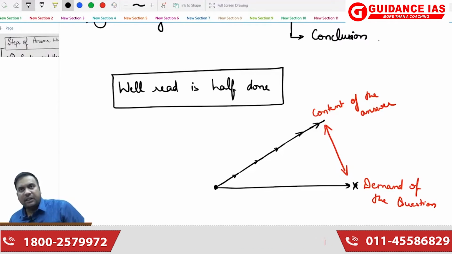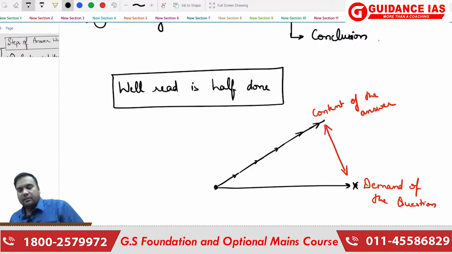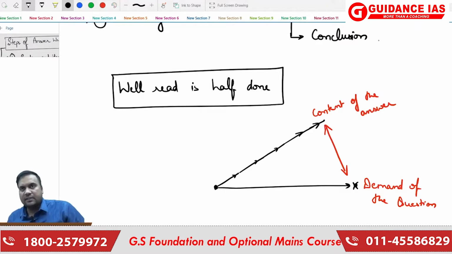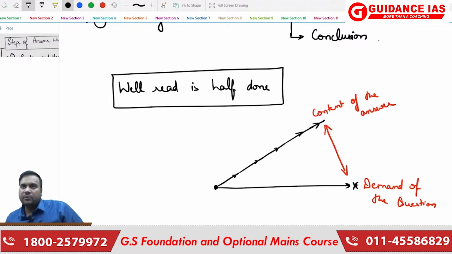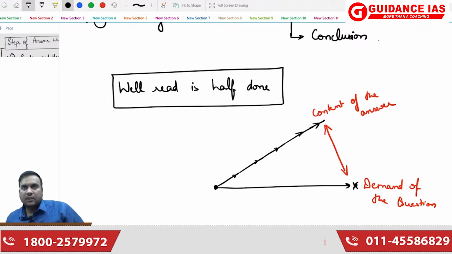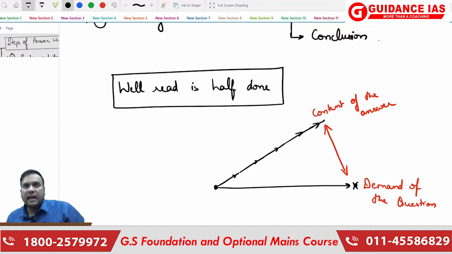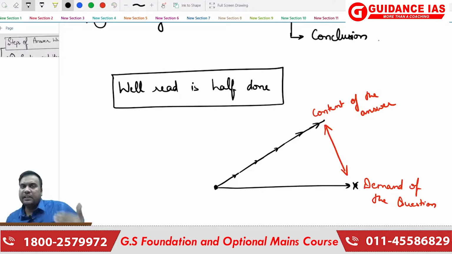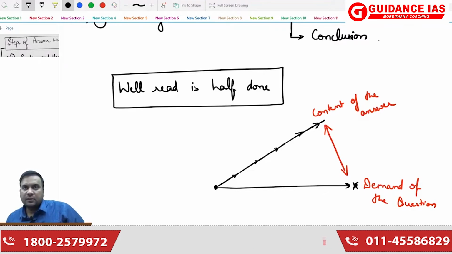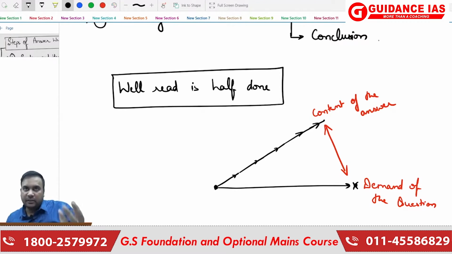Why is this happening? In normal circumstances you are doing that, but under pressure you are unable to do that. To me, it is very clear that there is a lack of practice. It should be practiced so many times that it should become a habit.